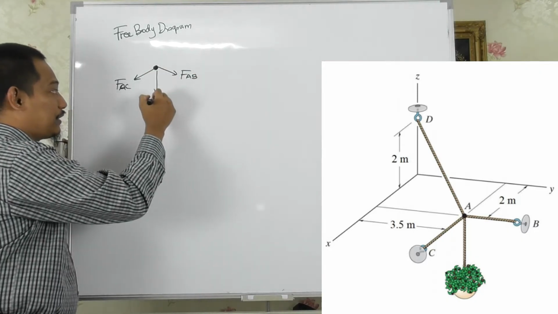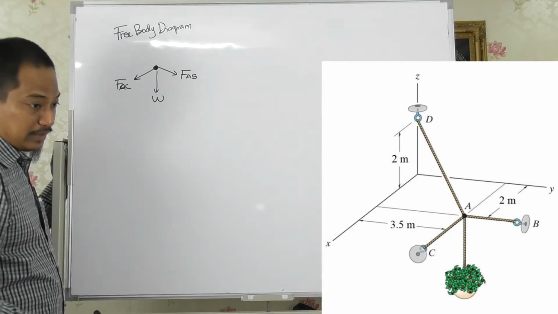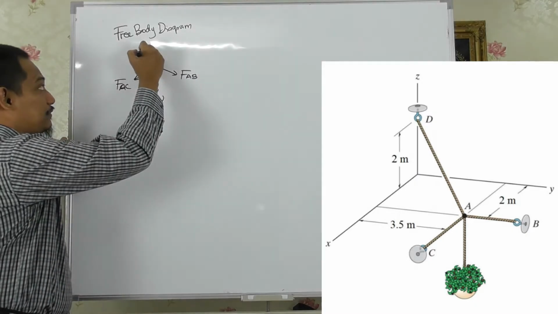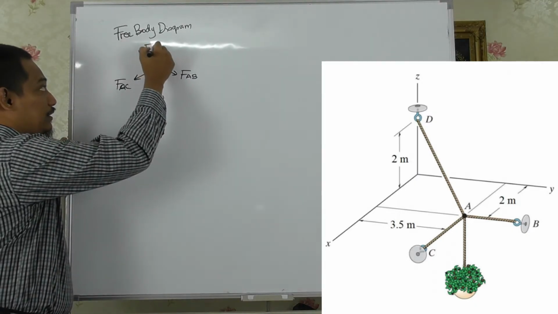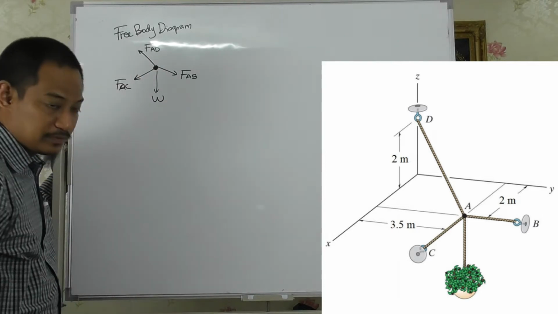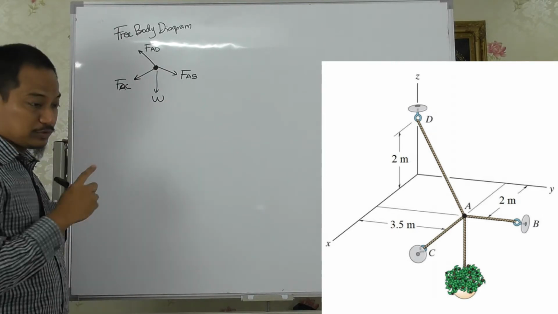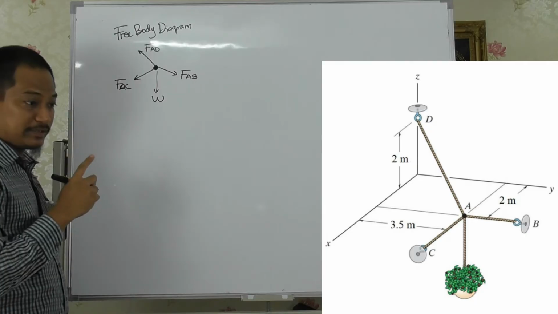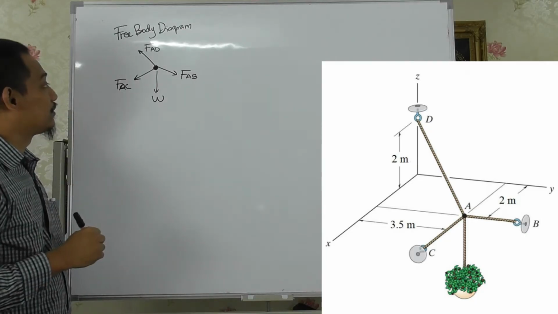We also have the weight going down, as well as FAD, right? So those are all the four forces acting at the particle A, right?